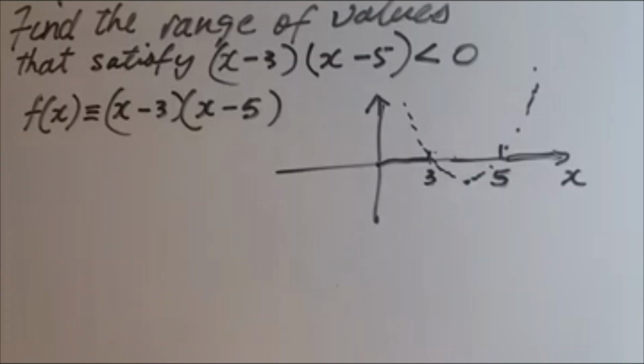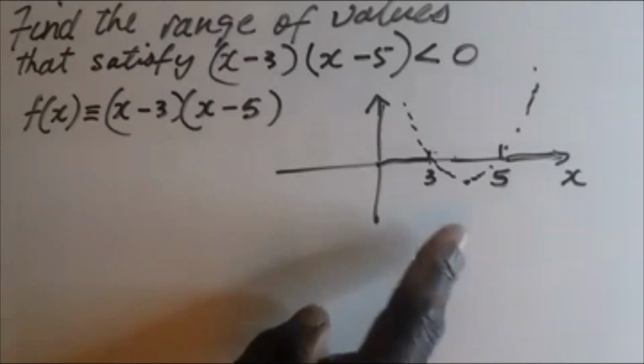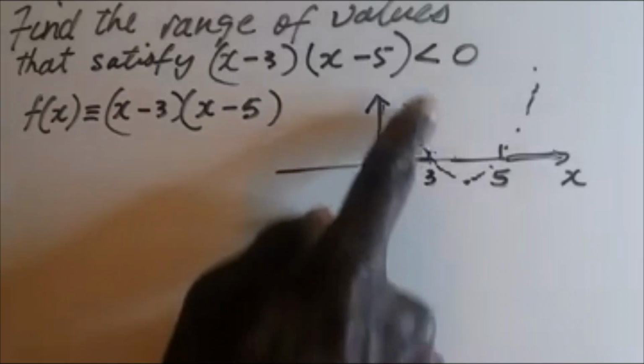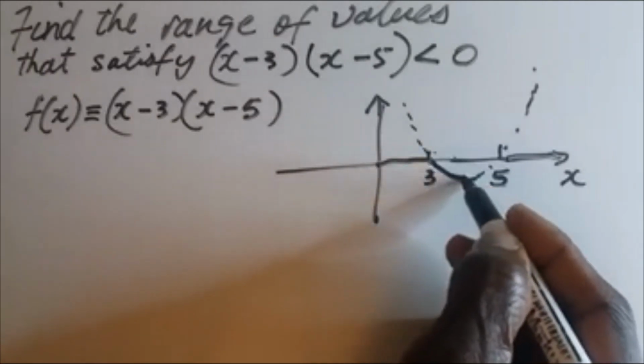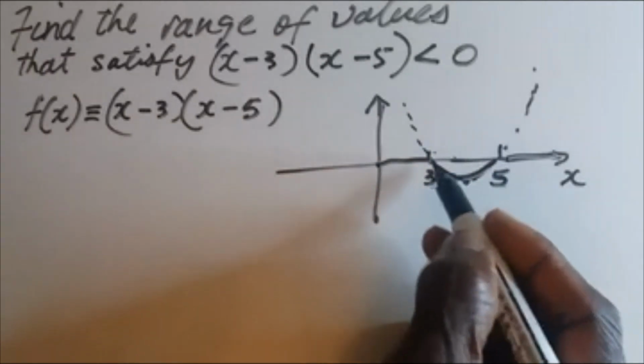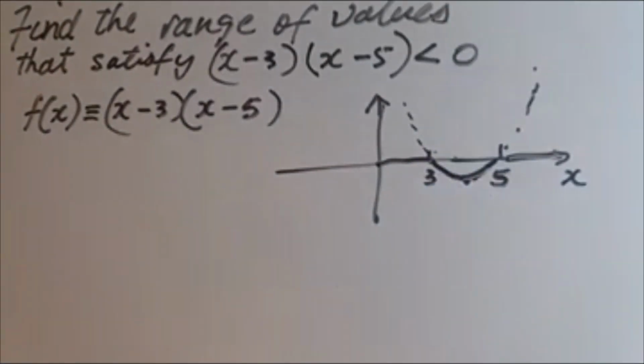So the range of values that satisfy this is indicating that as a function f of x, which is y, the y values must be less than 0. And from this graph, the values less than 0 lie below the x-axis.